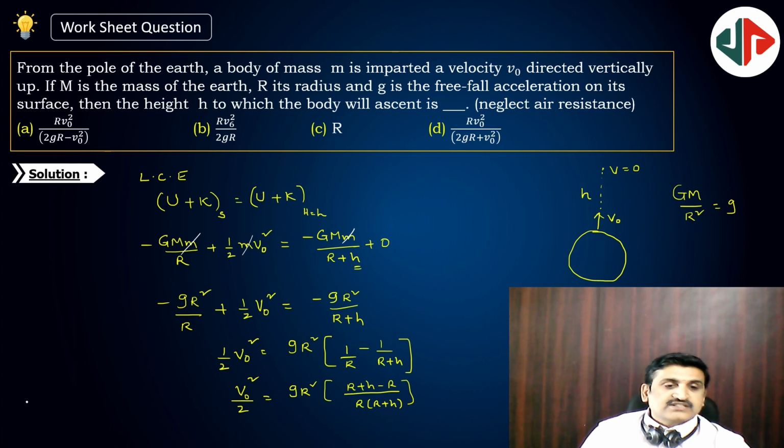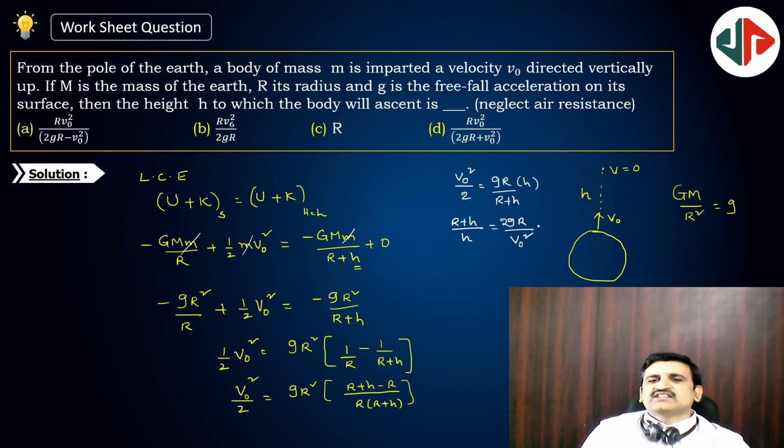So next, v naught square by 2 is equal to gR by R plus H into H, right? Now divide with H, so that it is 1 plus R by H. Cross multiplication, 2gR, v naught square will do like this: R plus H by H is equal to gR into 2 by v naught square.